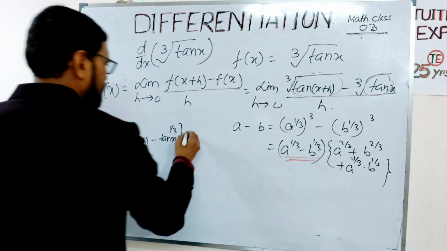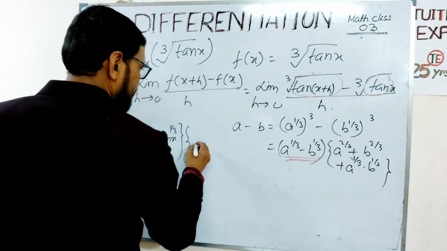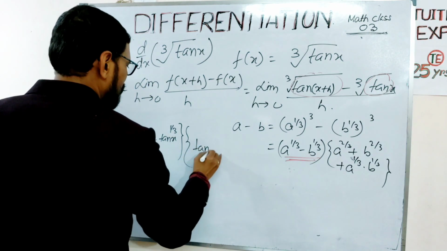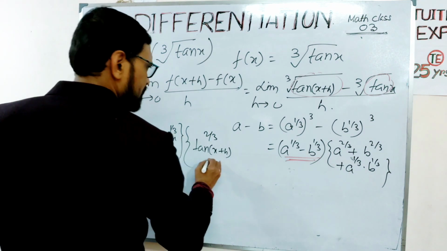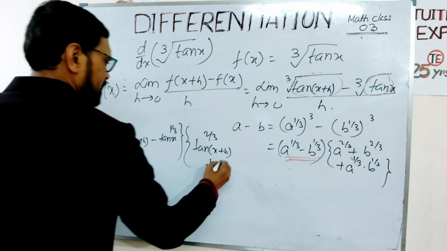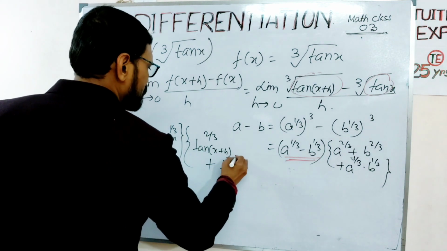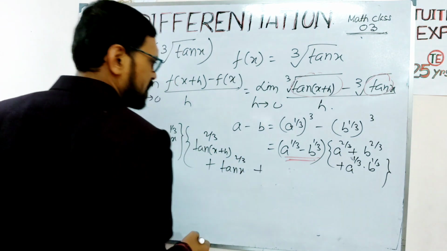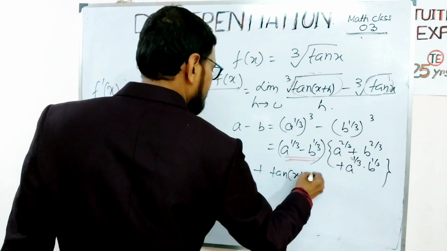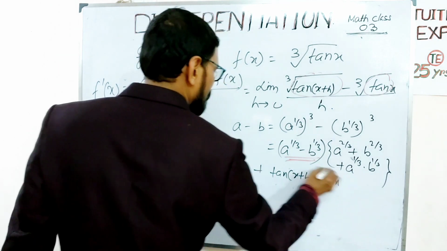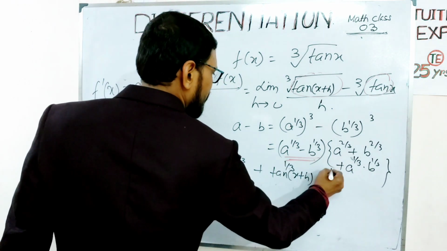Now we have to multiply this value: a to the power 2/3, that is tan of (x plus h) whole to the power 2/3, plus b to the power 2/3, that is tan x whole to the power 2/3, plus ab, that is tan of (x plus h) and tan x whole to the power 1/3.